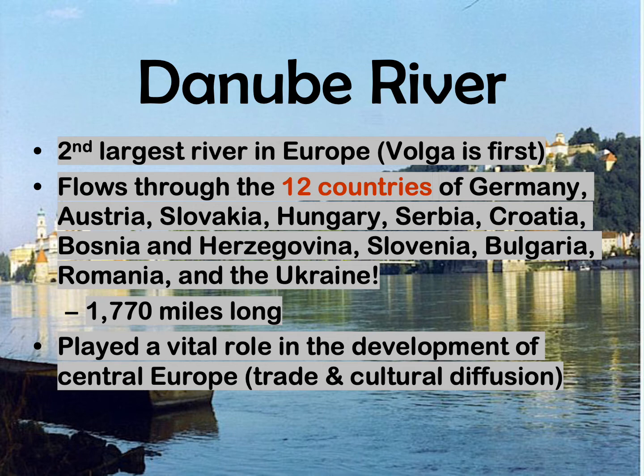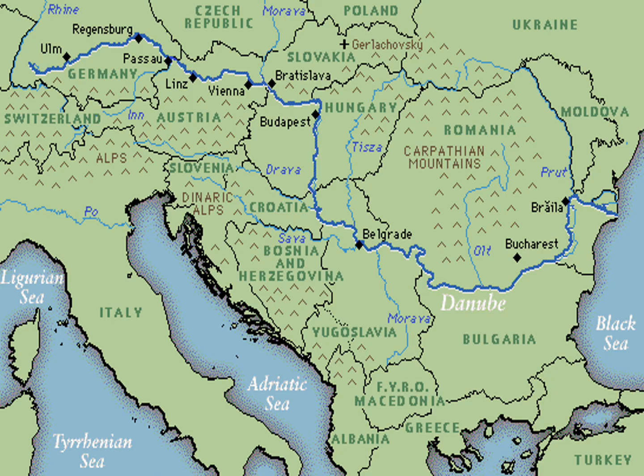It's going to be 1,770 miles long, and it plays a vital role in the development of Central Europe, such as trade and cultural diffusion. So you always need to know that these waterways are really going to help with trade, right? We see this river in the dark blue, that's the Danube River.